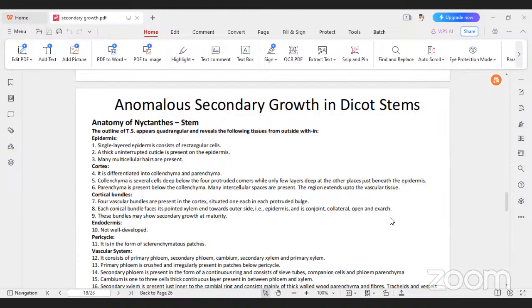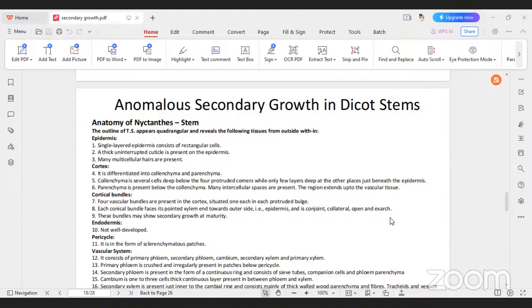Is it normal? In dicotyledon, how are the vascular bundles arranged? Just now we discussed the vascular bundle arrangement. Is the arrangement in a scattered manner or a ring manner? Ring manner.